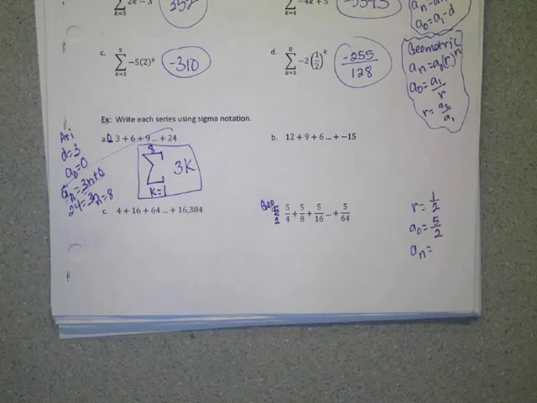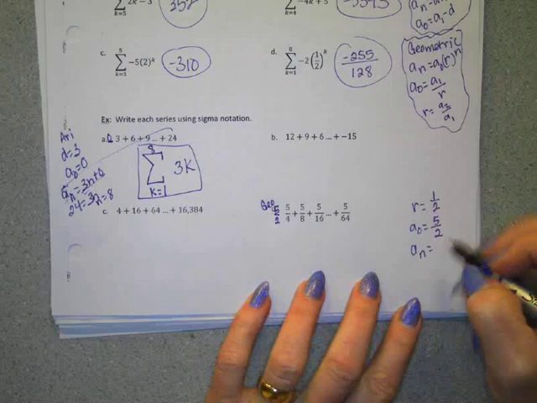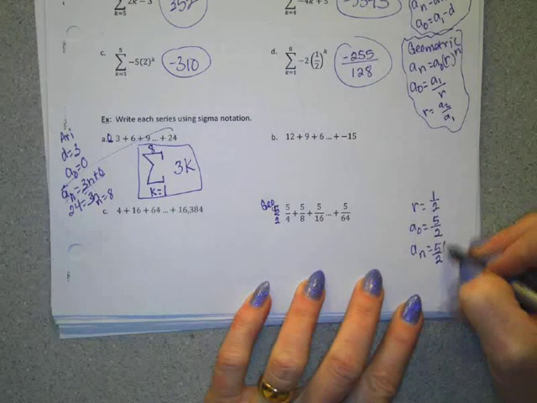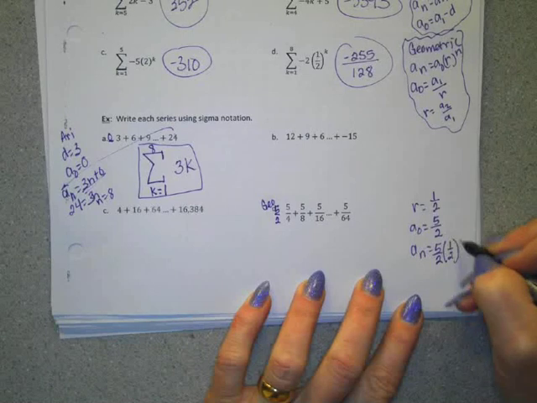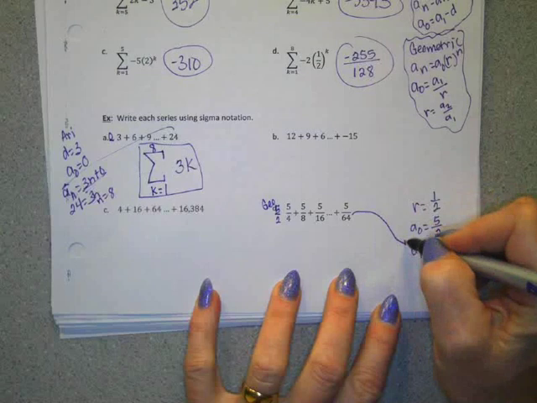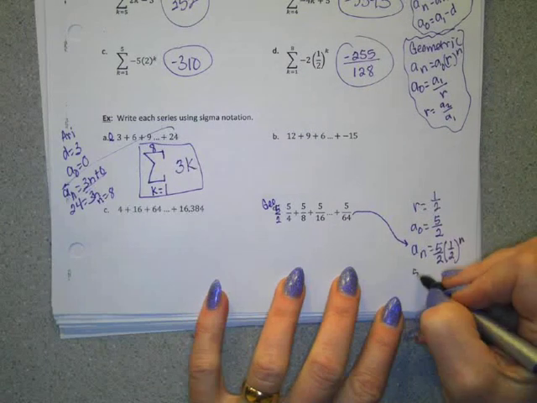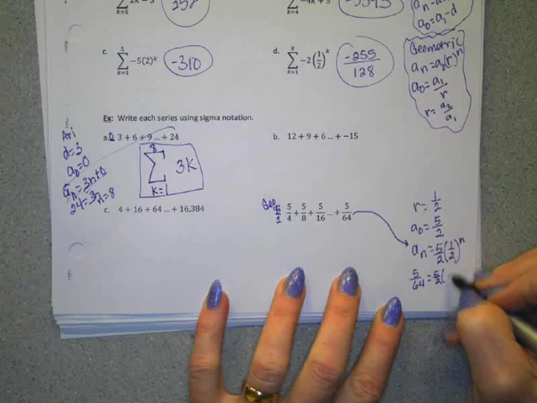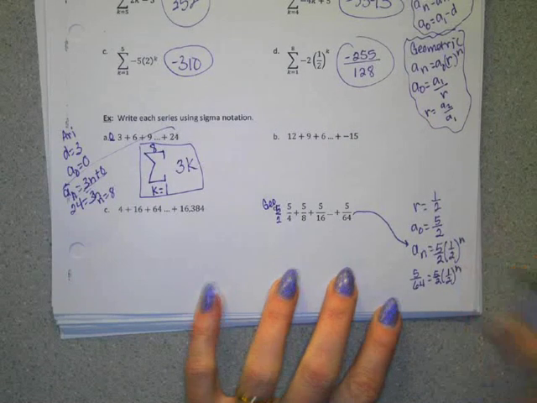So that means my explicit equation would be a sub n equals a sub 0, which is 5/2, times r, which is 1/2 to the n. But remember, it's ending at 5/64. So I have 5/64 equals 5/2 times 1/2 to the n.